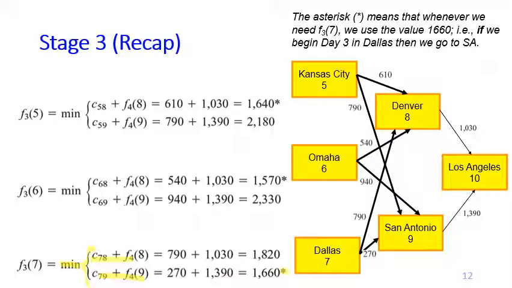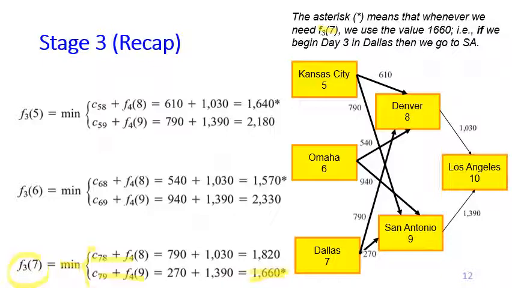We can also say that the asterisk here means that whenever later in stage 2 we need F37, we always use the value of 1,660, which means that if we begin day 3 in Dallas, then the best decision would be going to San Antonio, because this represents the best decision for the condition that we start day 3 in Dallas.